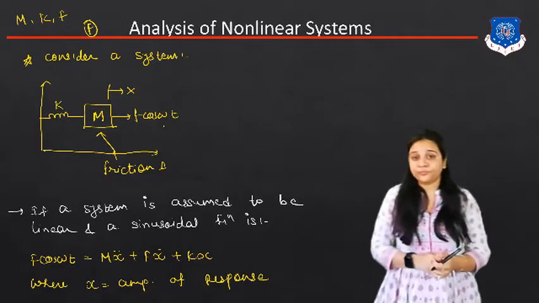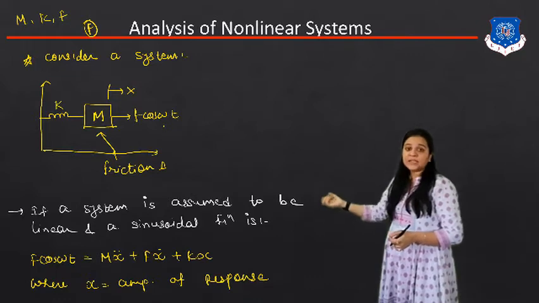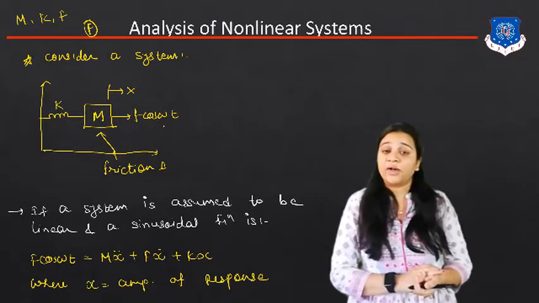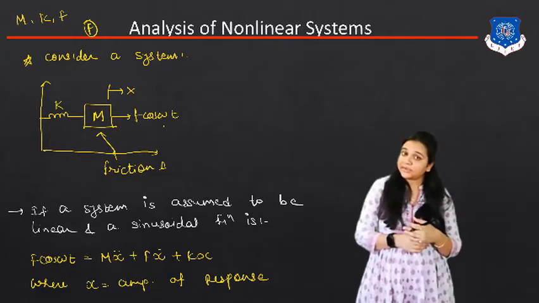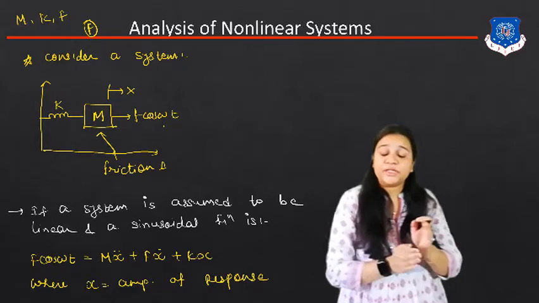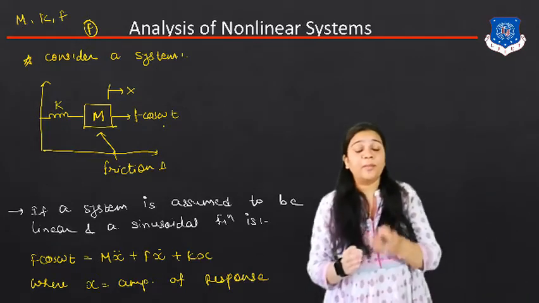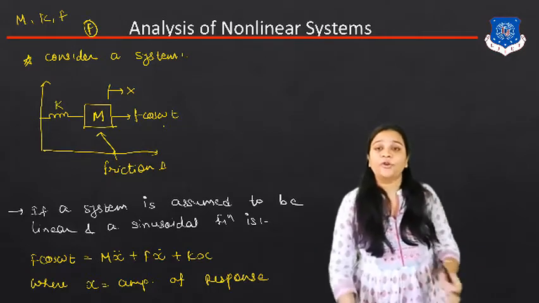As you know, we take the double derivative with the mass and the single derivative with the friction, where x is the amplitude of the response. If we consider a linear system, x will be the displacement of the system, but in a non-linear system it depends on the amplitude of the response. So here x is the amplitude of the response.